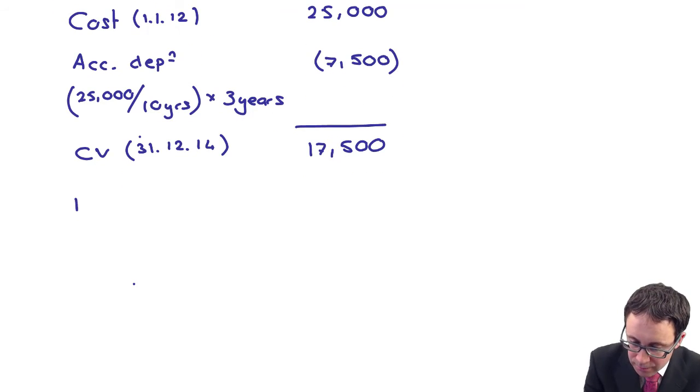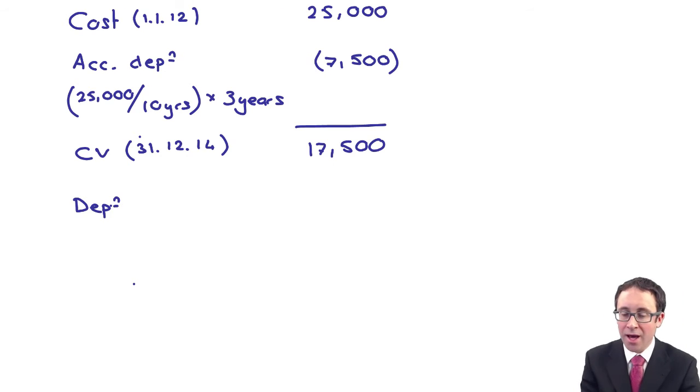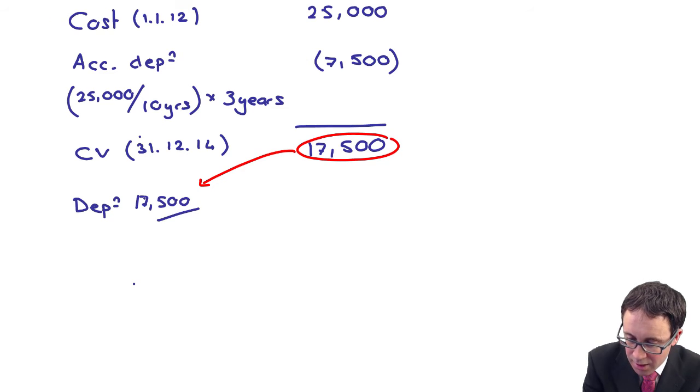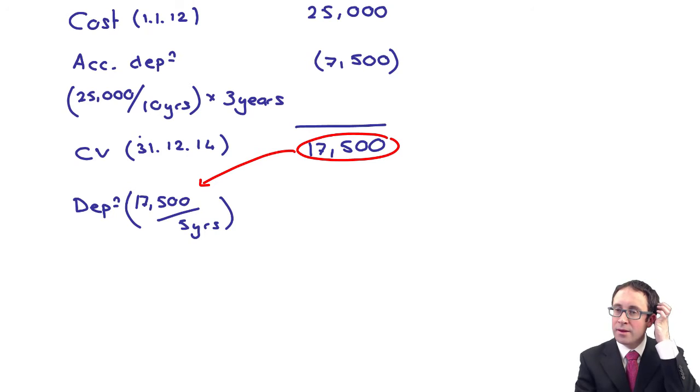The depreciation, this is where we now look at the change in the estimate and apply it to the carrying value. So now that carrying value of 17,500 is adjudged to have a life of 5 years left. Okay.